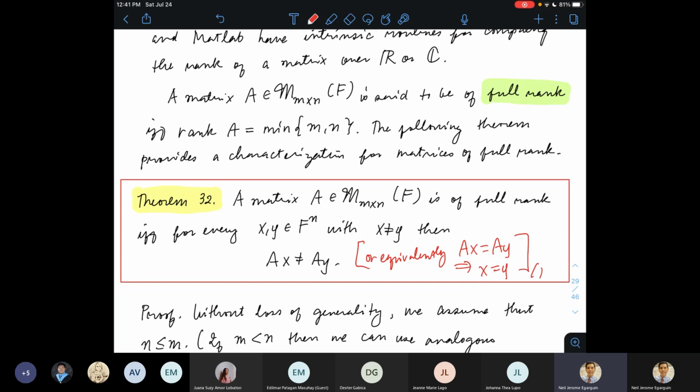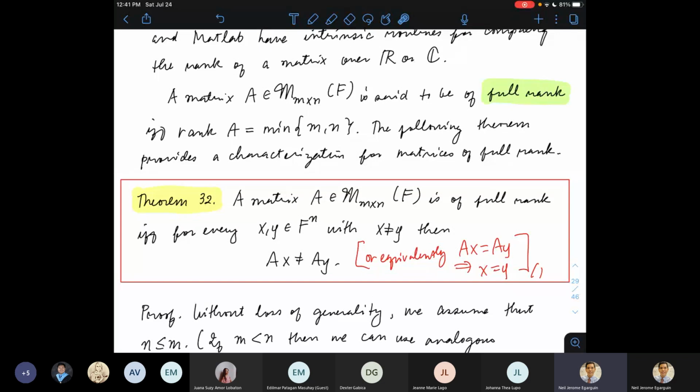So whenever you want to prove something is one-to-one or something is monic, then you can either start with x not being equal to y and show that Ax is not equal to Ay, or use the contrapositive, start with the assumption that Ax is equal to Ay and show that x is equal to y. Either way, that's a nice proof for showing that A is monic.